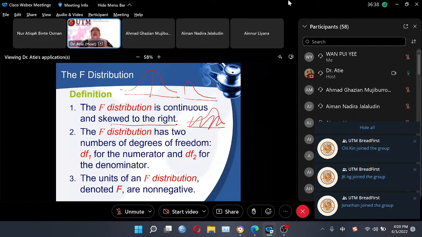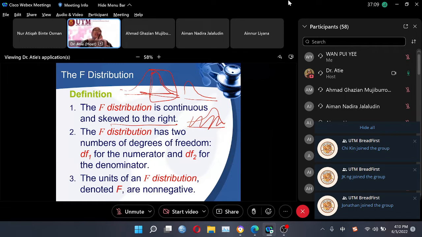So what I can see is that the shape of the F distribution is like half of the normal distribution. So we only take this part right here. For the Z, we only need alpha in order to use the table.